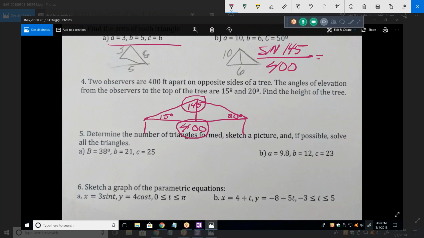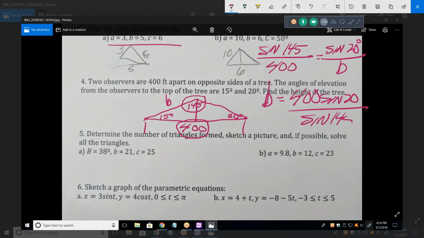Okay, and then it's going to be sine 20 degrees over, let's say B. Okay, we'll call that B. Then we can cross multiply, right? So B is going to equal 400 sine of 20 divided by sine of 145. Go ahead and give me a number. Let's put a number on that.